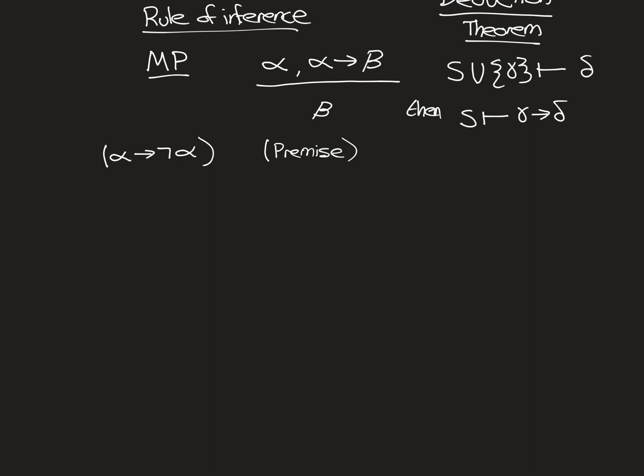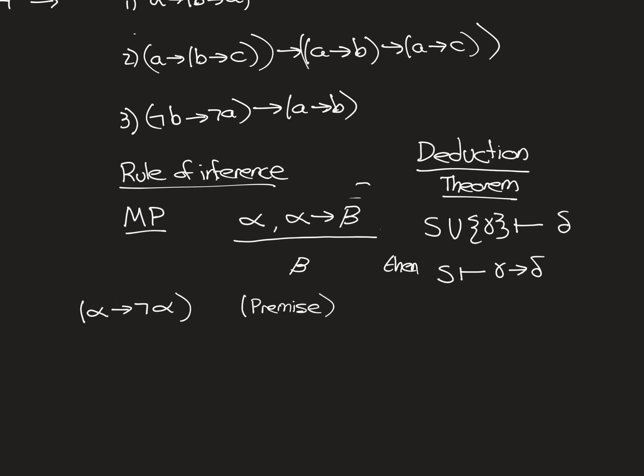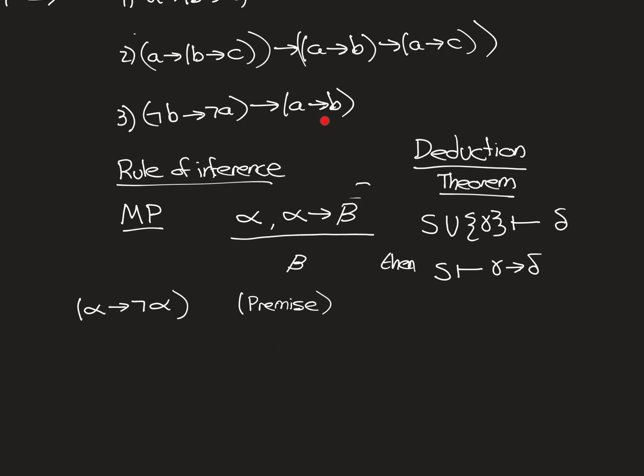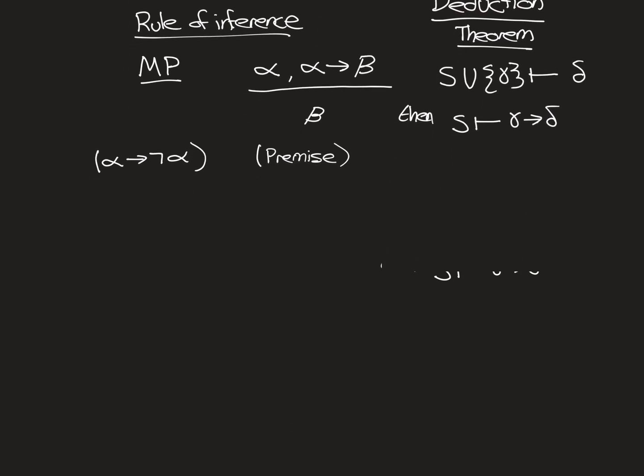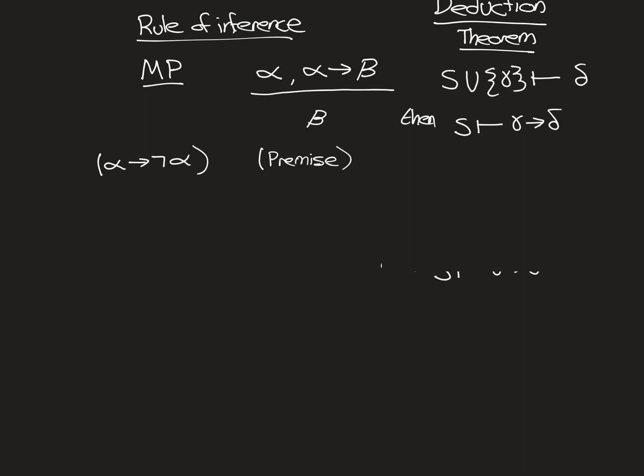So I think the next thing I'm going to do is I'm going to use Axiom 3 here. And I'm going to make my A alpha and my B not alpha. So then I have to put the not B up here. So it'll be not alpha. Actually, no, this is not what I want to do. Sorry.